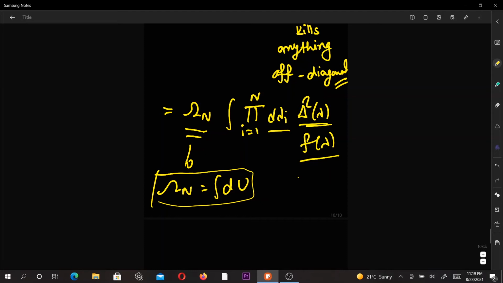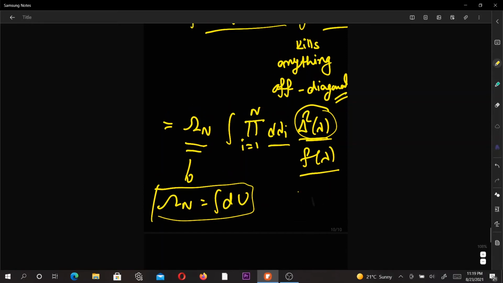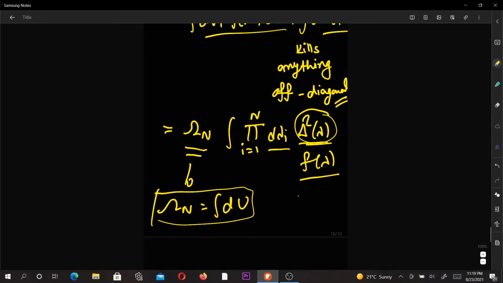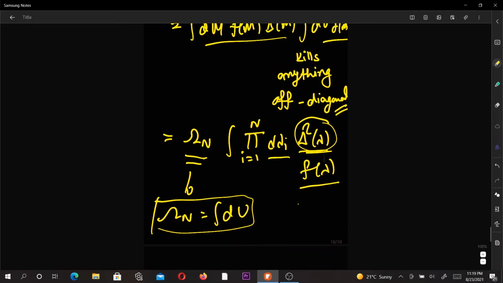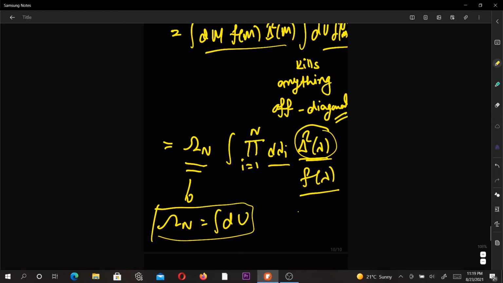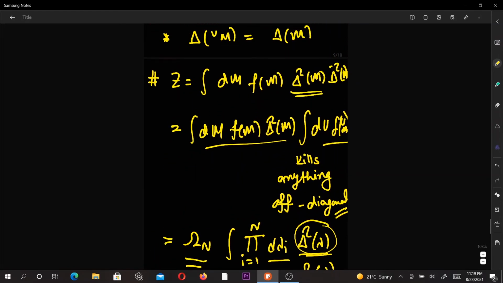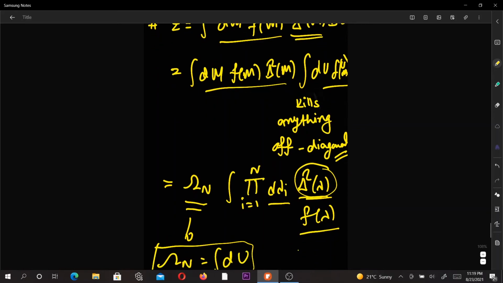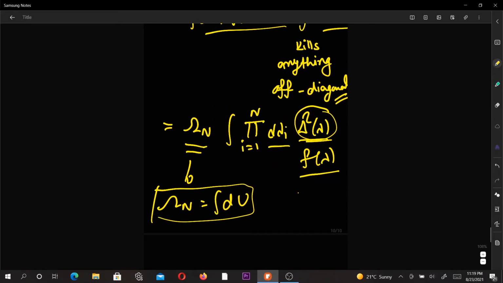So now we are almost done. Our job is to find this. Then we are done with going from the matrix basis to the eigenvalue basis. If you notice what happened here, since we moved from the matrix basis to the eigenvalue basis, you got everything in terms of the eigenvalues, and this term is sort of like a Jacobian term, right?